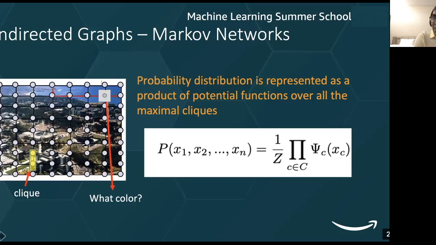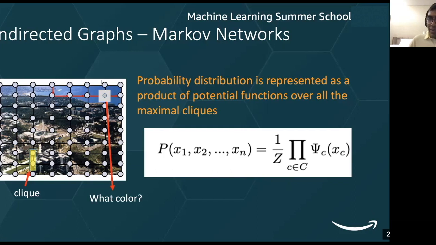Here, instead of dealing with conditional distributions, we will make use of potential functions, chi of C, which are defined over a clique. A clique is nothing but a set of nodes that are connected to each other. So in this particular example, a clique is formed by any set of two nodes which are adjacent to each other, right? The joint distribution then effectively factorizes over all possible maximal cliques, as shown in the equation on the slide, with Z indicating a normalizing factor to ensure the distribution sums to 1.